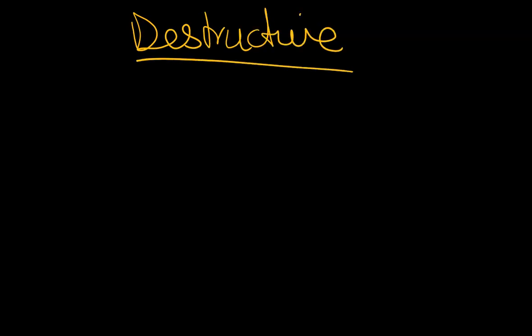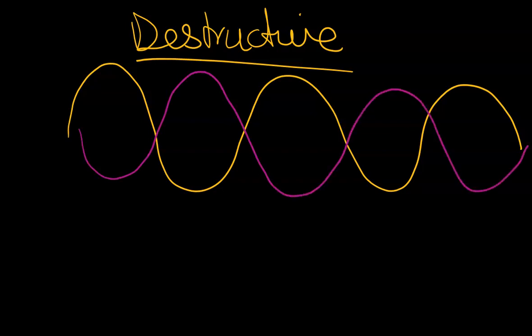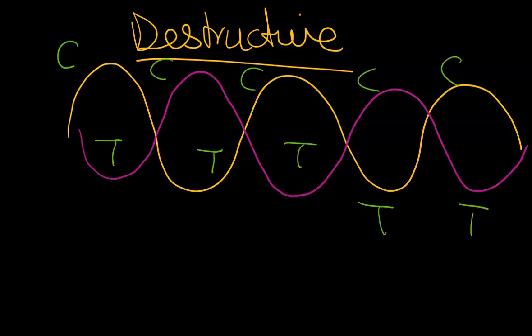In the same way, I could have destructive interference. What I spoke about just now is constructive, right? In destructive, I have wave A overlapping with wave B, so now the crest and the trough of subsequent waves are overlapping. When that happens, it results in the cancellation of the wave, and that is indicative of destructive interference.